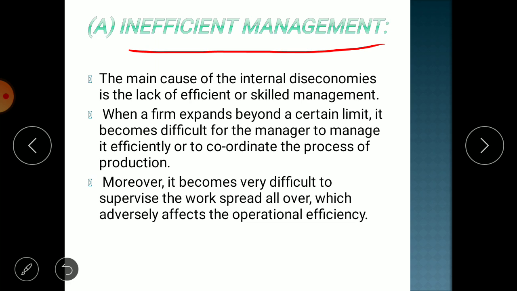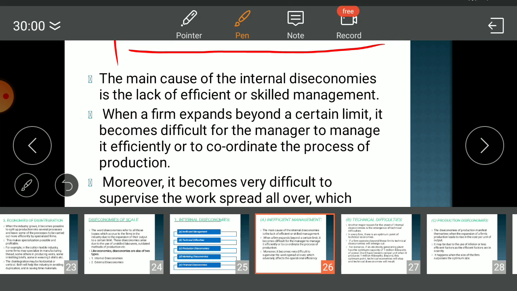In sole proprietorship, we can say in the first phase of business, there was more production and less cost, but when they expanded, meaning the sole proprietor converted into a joint stock company, production increases and cost increases. What is the reason? The reason is inefficient management.